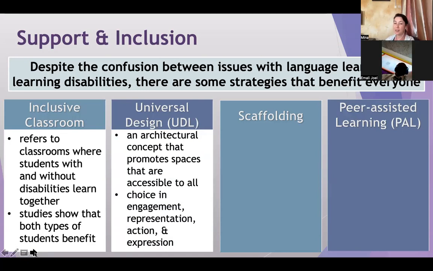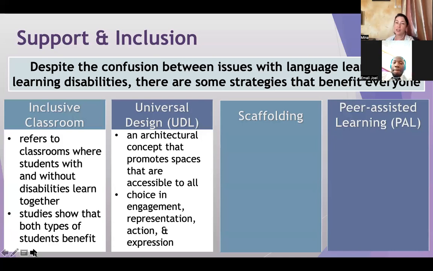And the idea behind this was to design spaces, design buildings that were accessible to all. If a building, you can only get to the 2nd floor by stairs, that's not accessible to everyone. And there's other factors as well. So this originally started as an architectural concept, but was quickly brought into the educational context as well.